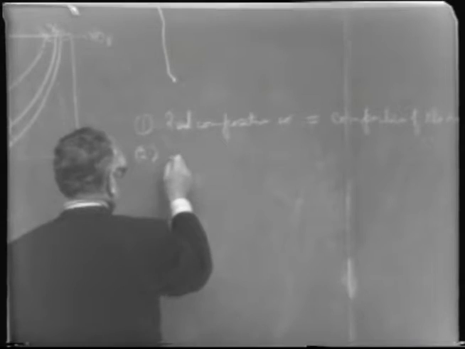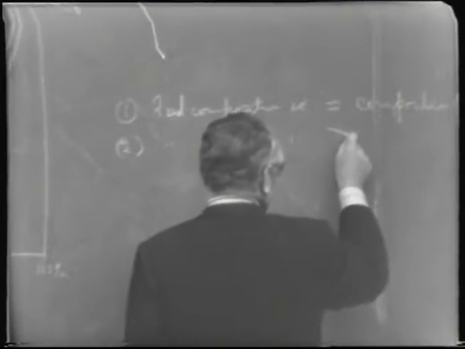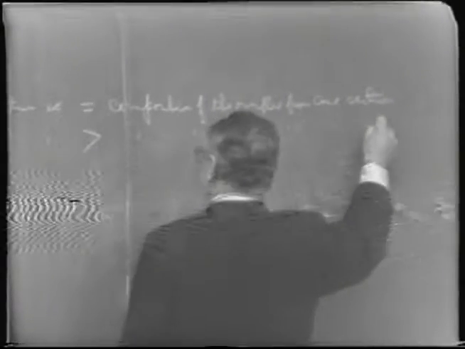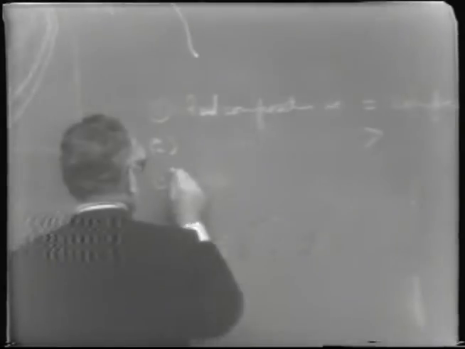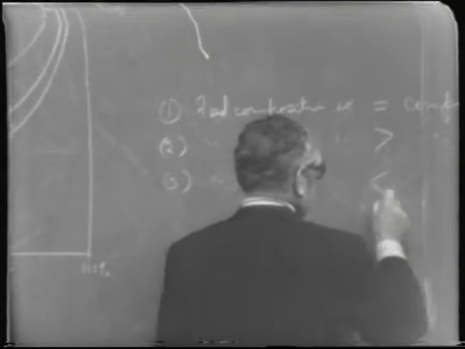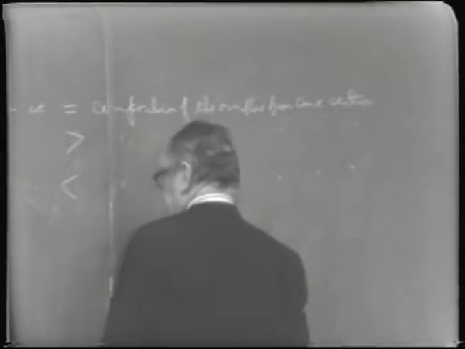Curve 2 represents the feed composition being greater than the composition of the overflow from the concentrating section. And curve 3 represents the situation where the feed concentration is less than the composition of the overflow from the concentrating section.